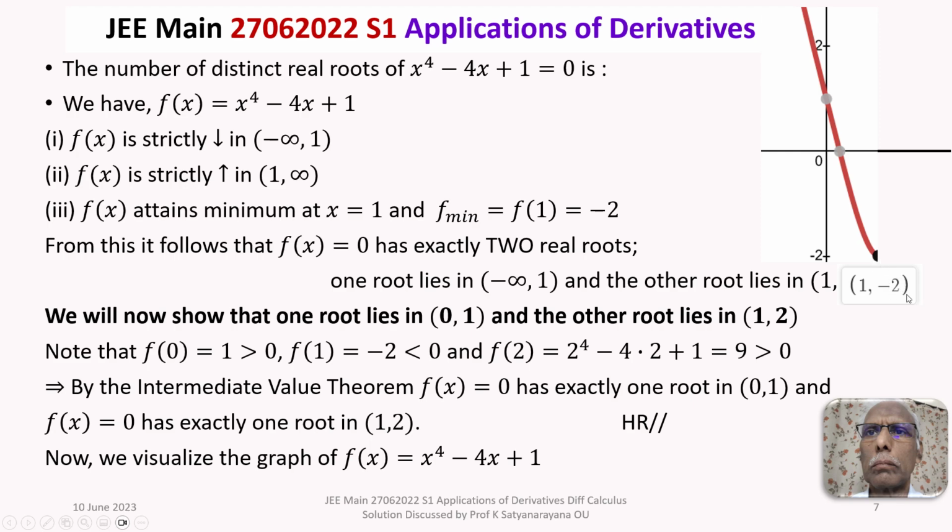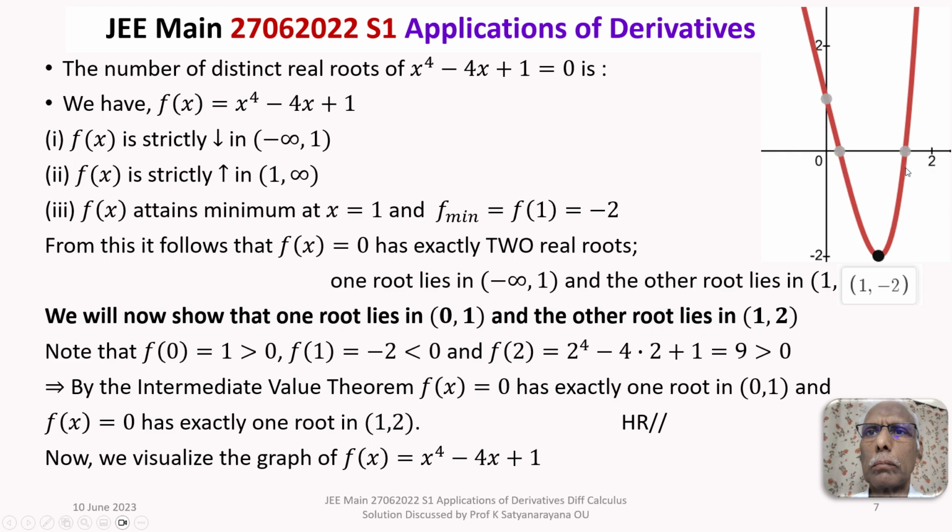The minimum value is minus 2, and it increases further in the interval 1 to 2 and 1 to infinity, and crosses the x-axis here, and while decreasing it crosses the x-axis here. It is exactly so because it is strictly decreasing here and strictly increasing here. Thus you get exactly 2 roots, and the graph can be visualized like this.